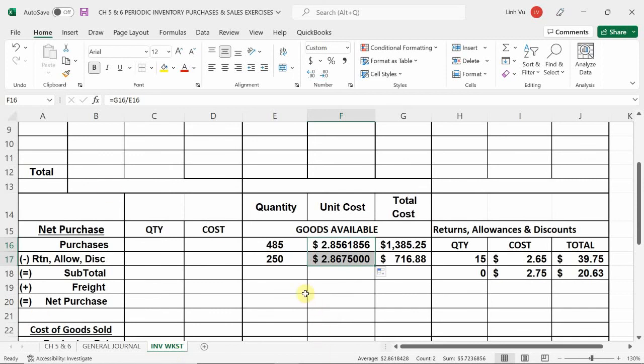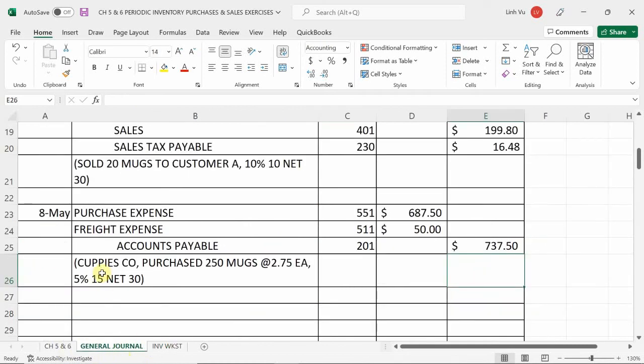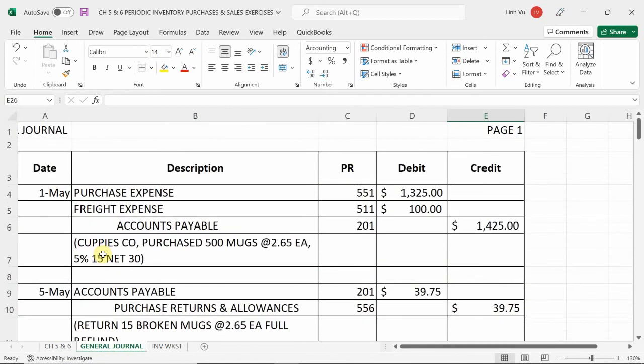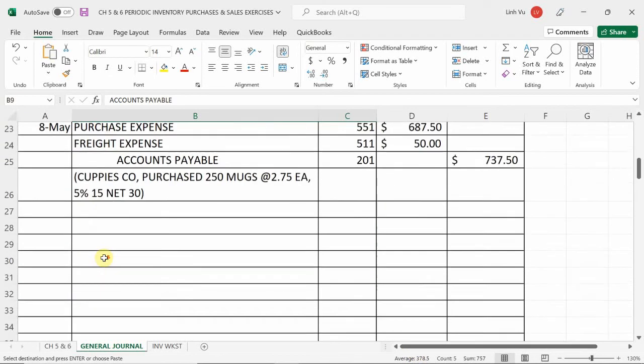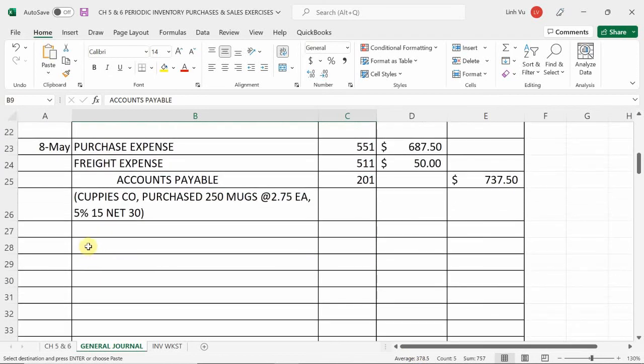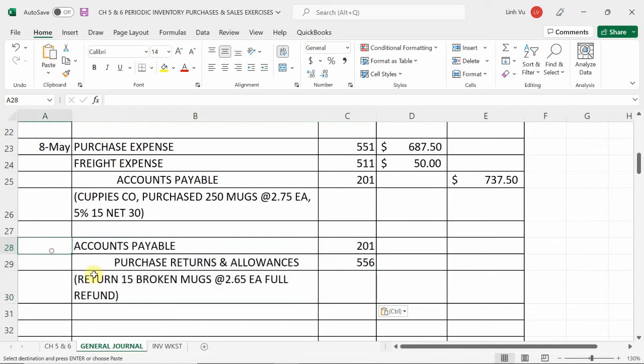So now I need to record my refund for that $20.63. Again, we have a purchase returns and allowances for that same day. Okay.